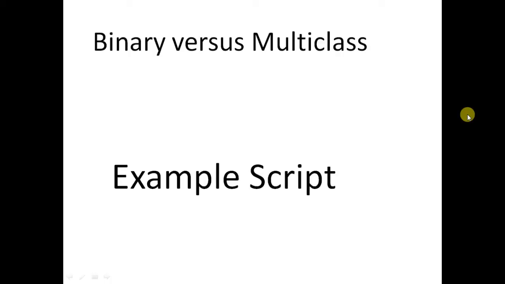Now, binary versus multi-class. Most classification problems have a binary classification, 1 or 0, yes or no. However, oftentimes the label is a categorical variable capable of taking on several values. There are some classification algorithms that handle this situation natively, but many others are strictly binary.